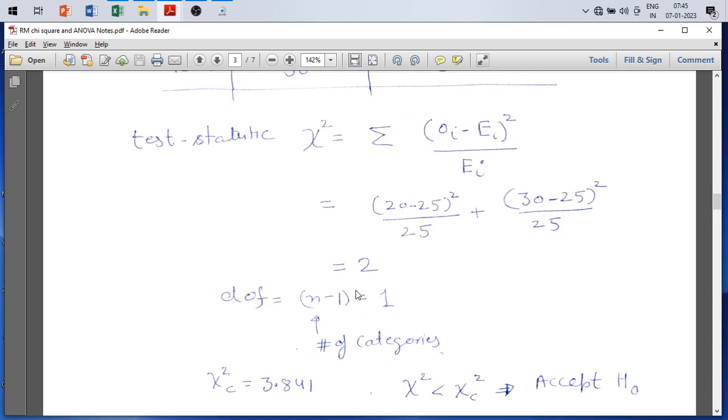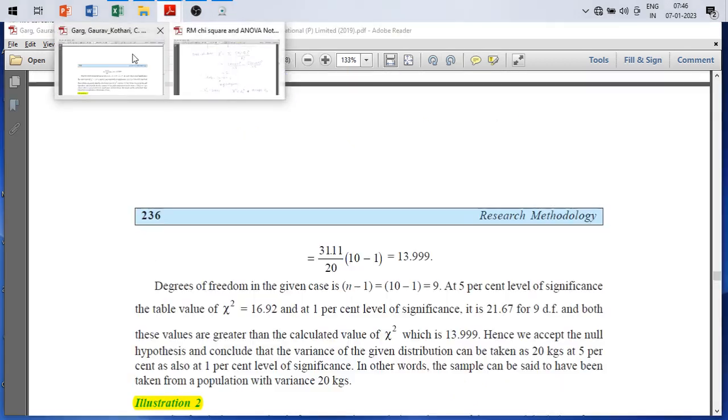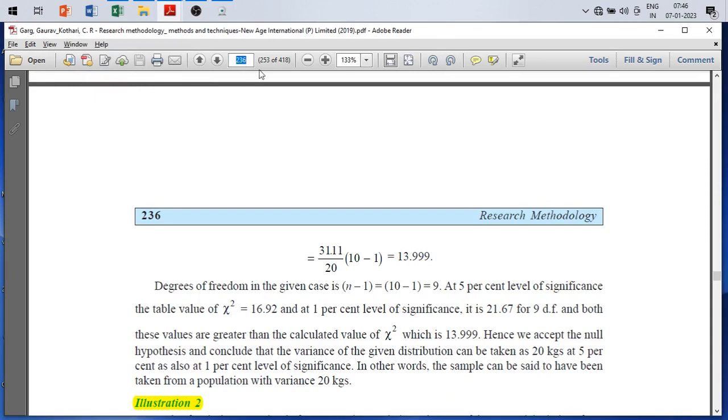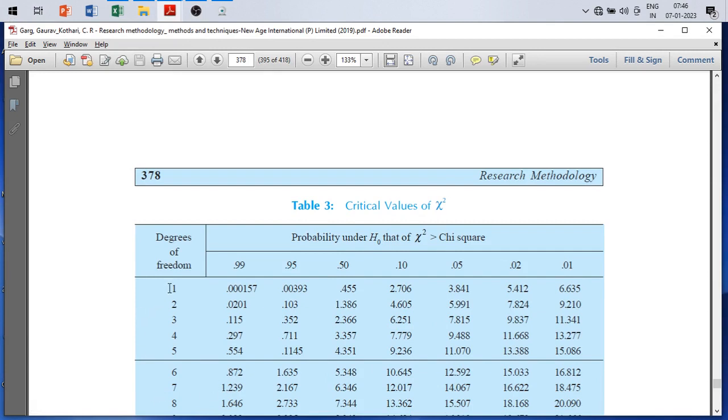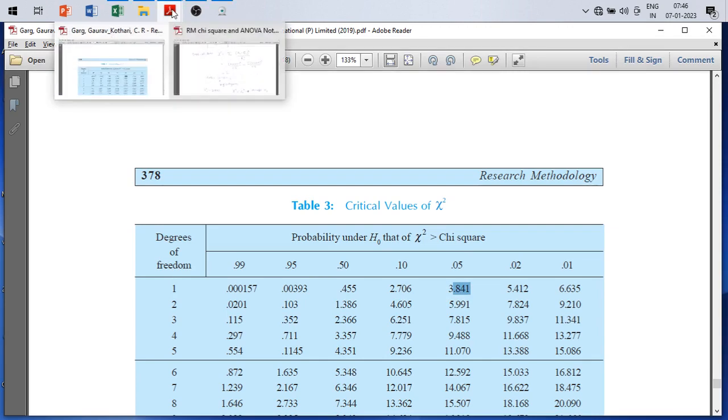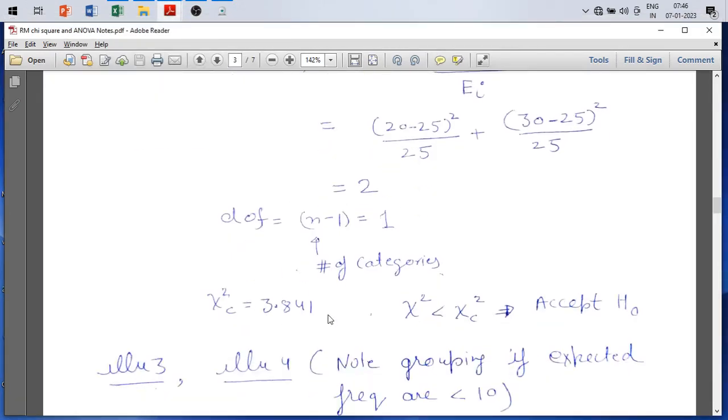Now from table 3, we have to read the critical chi-square value for 1 degree of freedom at 5% significance level. Let us see that. For 1 degree of freedom at 5% significance level, the critical chi-square value is 3.841.